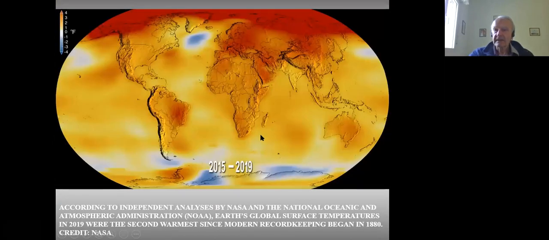Here is something. Here are the global Earth surface temperatures in 2019, compared with the difference between 2015 and 2019, and you can see what we can do using these global Earth temperature measurements.